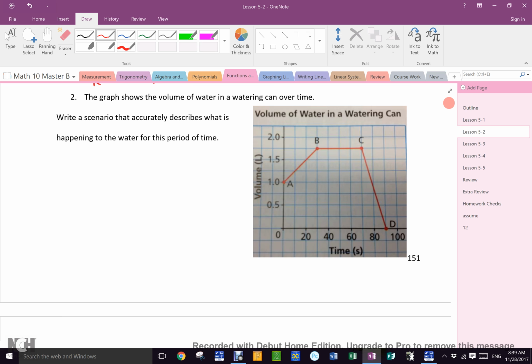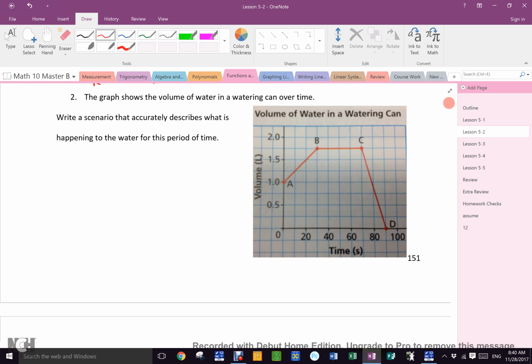Yeah, it's like there's 1 liter and then it goes up. Absolutely, the graph tells me that. The graph tells me that there was some water in the watering can, and then as time passed, there was more water in the watering can, and then for a while, there was no change, and then all of a sudden, the water poured out of the watering can, yes? That's what the graph tells us.